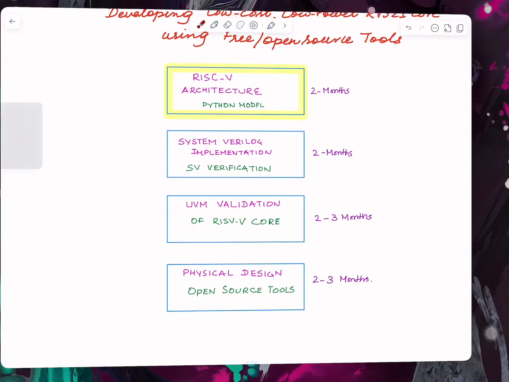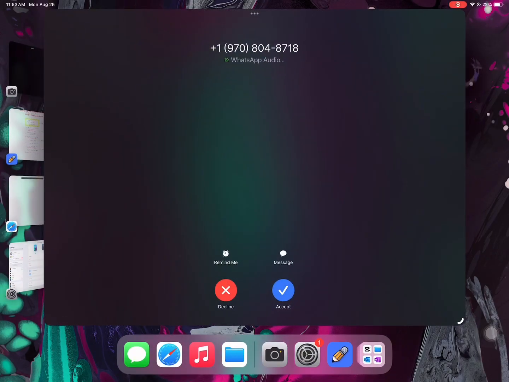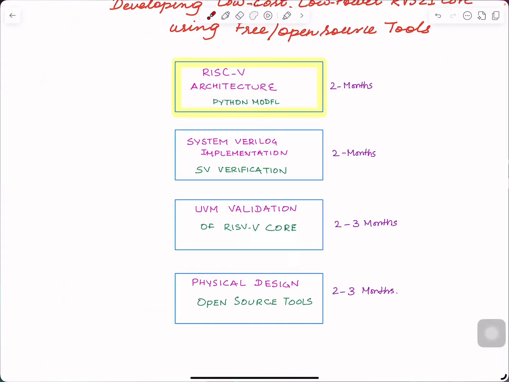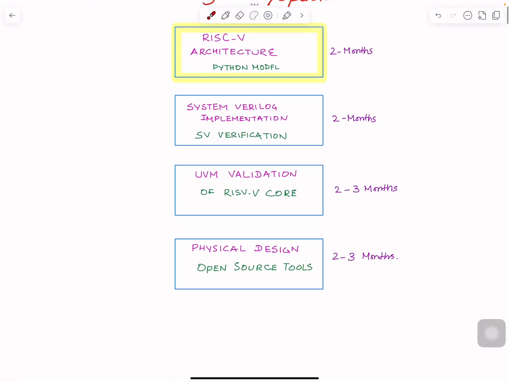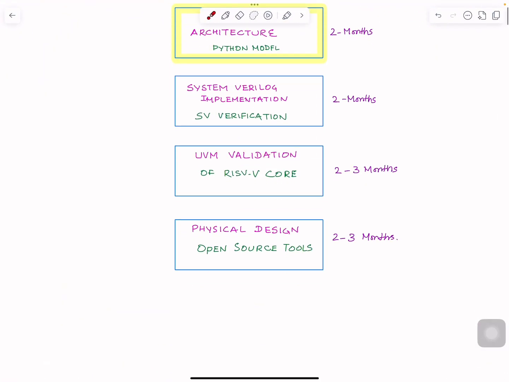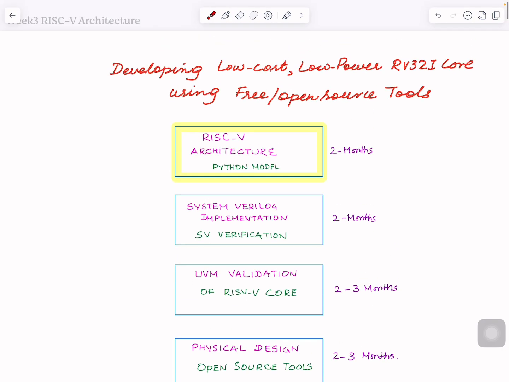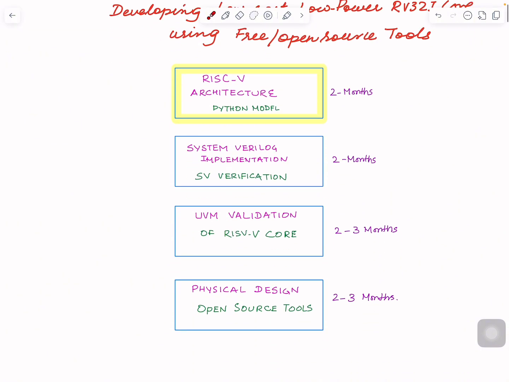After that we will look into physical design for 2 to 3 months. I will be using open source tools for that, and we will create a very low power version of a RISC-V. So that was the overall scheme of what I plan to do.